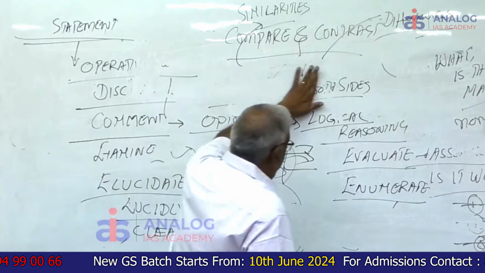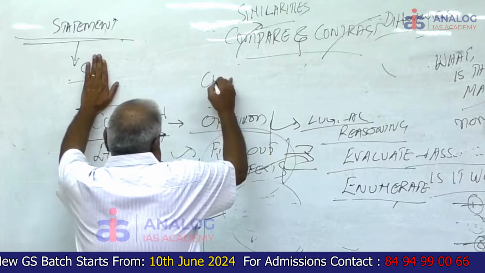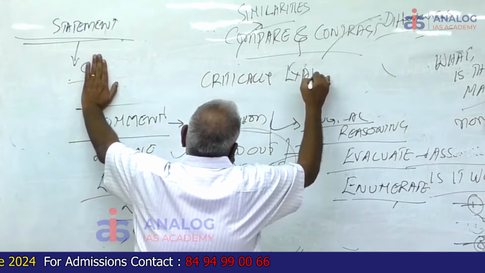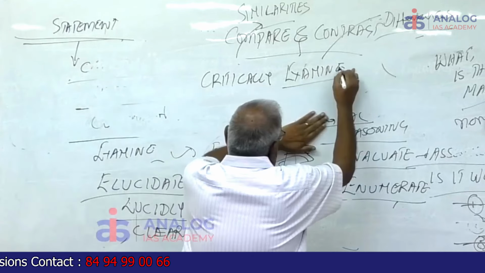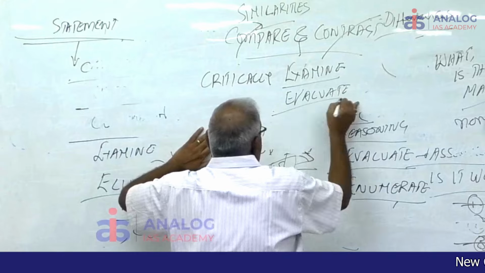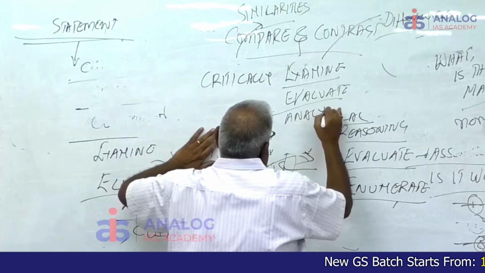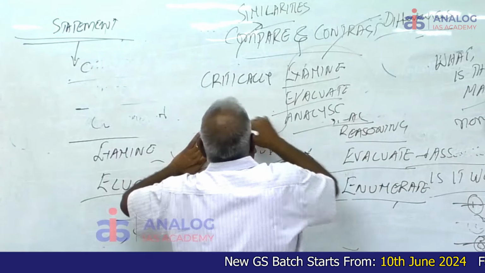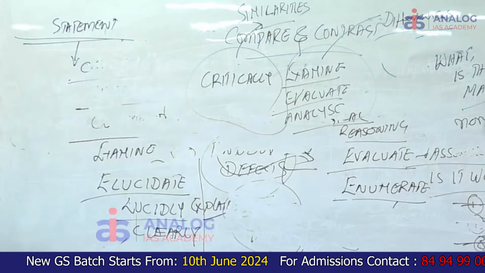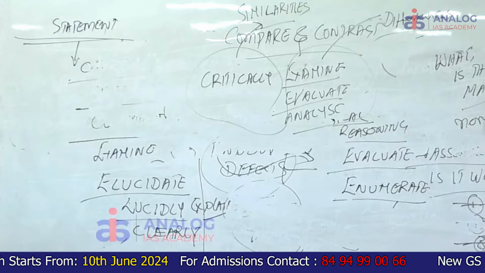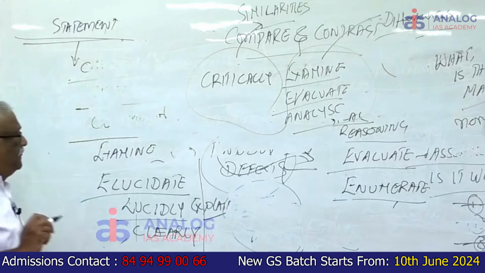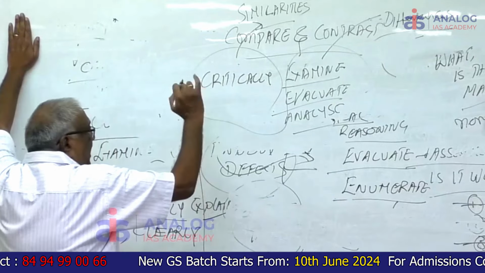Then there is one more word. It can be examine, it can be evaluate, it can be analyze. Whatever is the word, it is critical. Critically examine, critically analyze, critically evaluate, whatever is that. Whenever we say critically examine, first of all, there is a theory, there is an idea behind it.